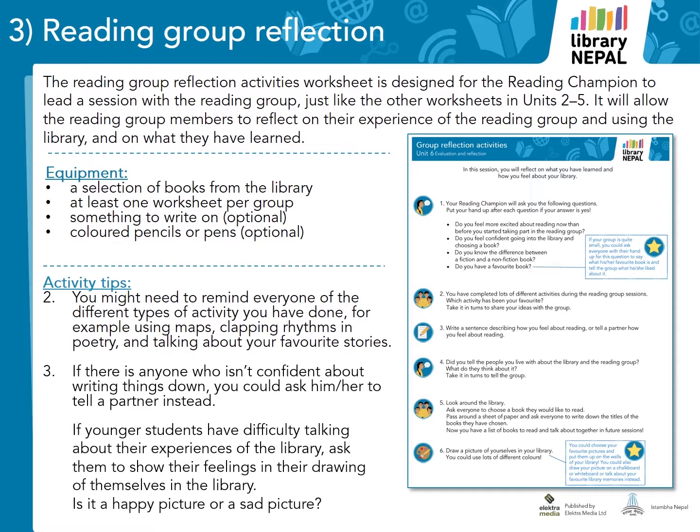If students have been telling other people about the library, this could help to inspire the rest of their school and community too. In Activity 5, students choose a book from the library that they haven't read and would like to read. The titles of these books are written down on a sheet of paper and can be used as discussion prompts or reading lists for future library sessions.